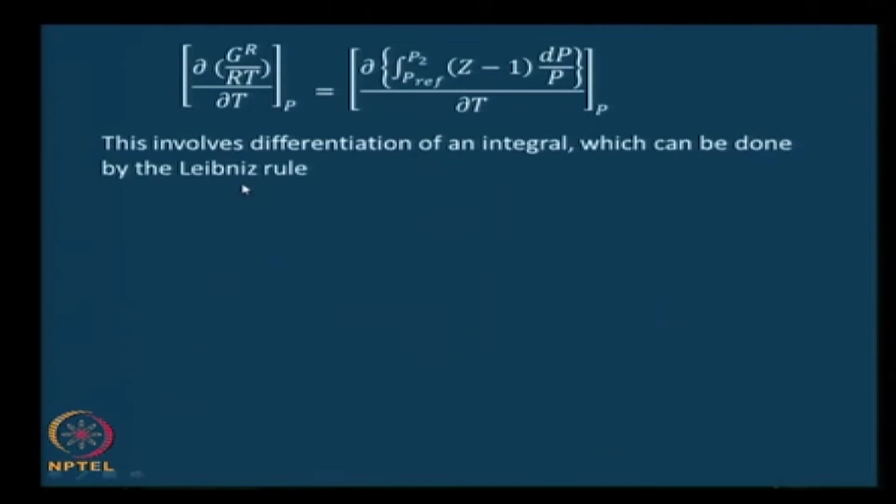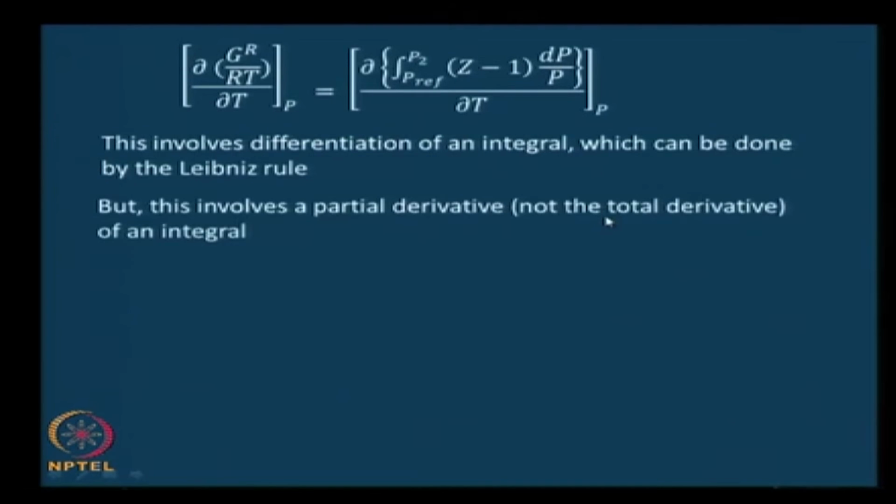There is something called a Leibniz rule, which you would have encountered in your first or second course in mathematics in your first year, which allows us to differentiate an integral. Nevertheless, that Leibniz rule would have been written for a total derivative, and what we have here is a partial derivative. Okay.